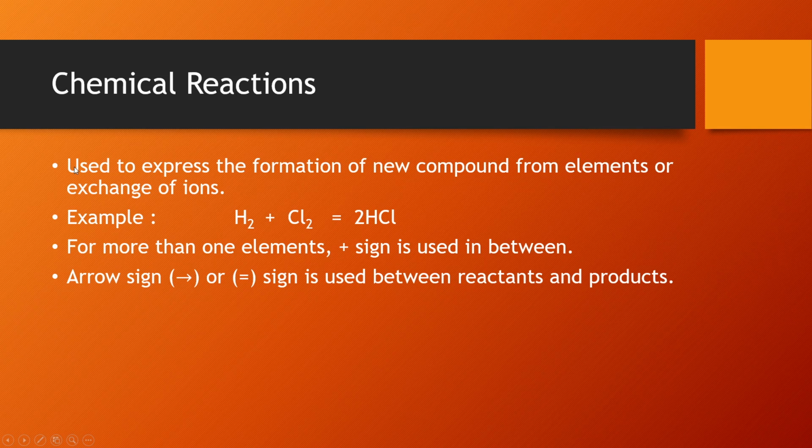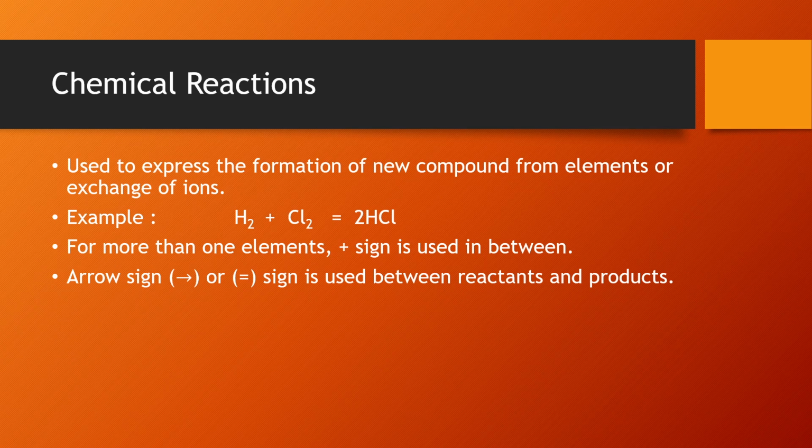You have all known some knowledge about chemical reactions. In this chapter we will learn some more. Chemical reactions are the expression of what is happening in a reaction, showing how many atoms and how many elements are participating to form a new compound.